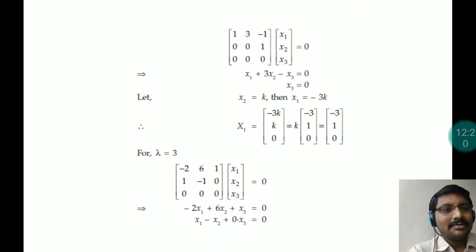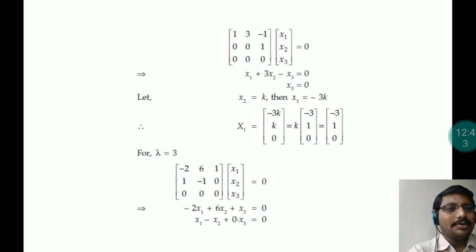Thus the eigenvector is the column matrix x1, x2, x3, with x1 replaced by minus 3k, x2 by k and x3 by 0. Taking k common, we get k into the matrix [minus 3, 1, 0]. It is the first eigenvector, that is X1.